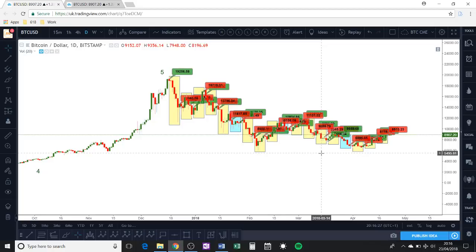The futures open on a Sunday evening, I think it's 11 PM BST, which would be 6 PM Eastern time. And then they close on Friday, I think at 5 PM Eastern and 10 PM BST. So essentially it's Monday to Friday.